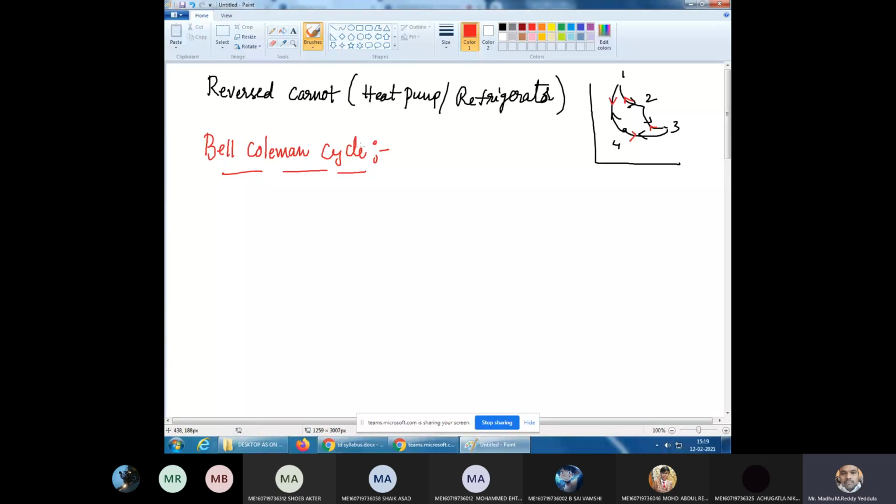Heat will be rejected into the atmosphere, sir, and heat will be removed from the body. Heat will be absorbed in the evaporator. Yes or no?